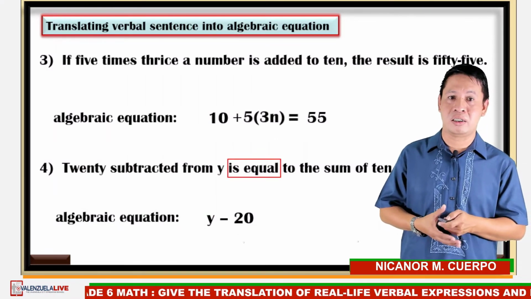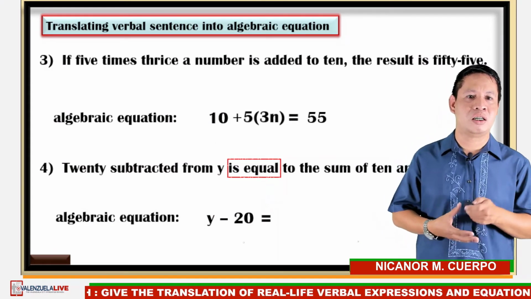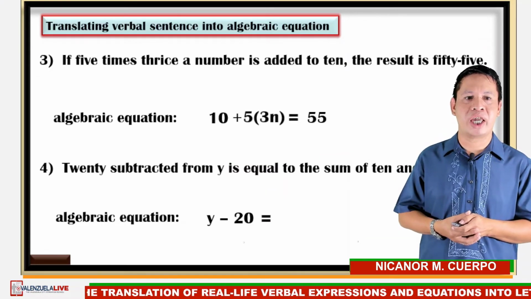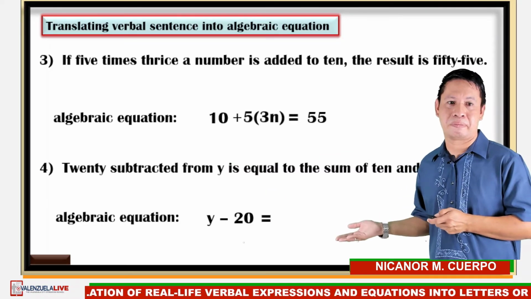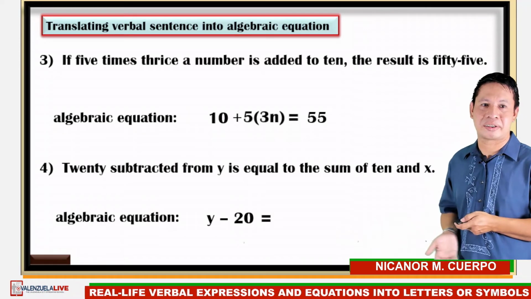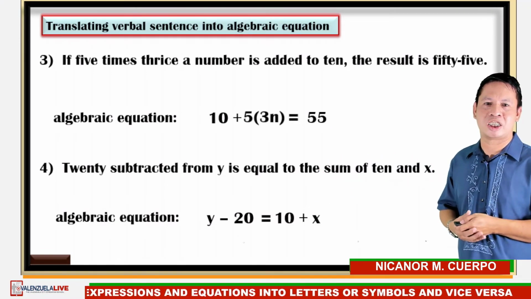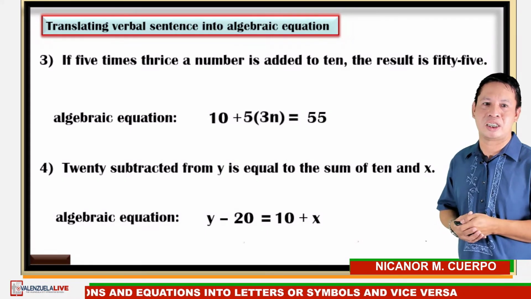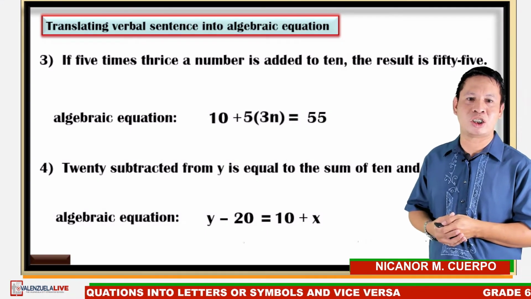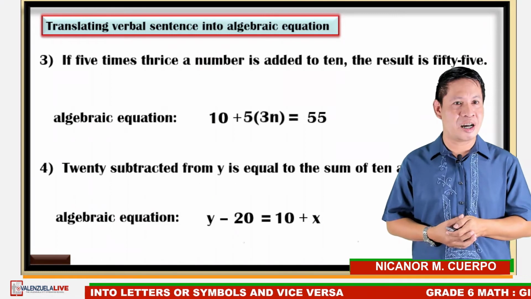And then is equal, so that is equal to the sum of 10 and x. So, the correct algebraic expression for that verbal sentence would be y minus 20 equals 10 plus x.